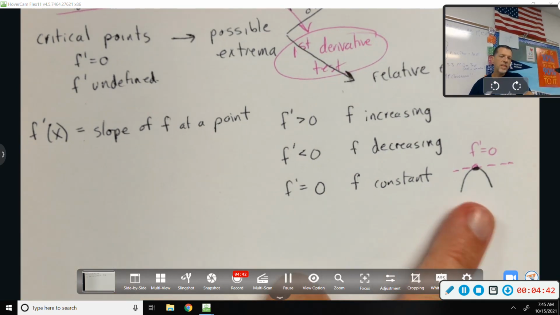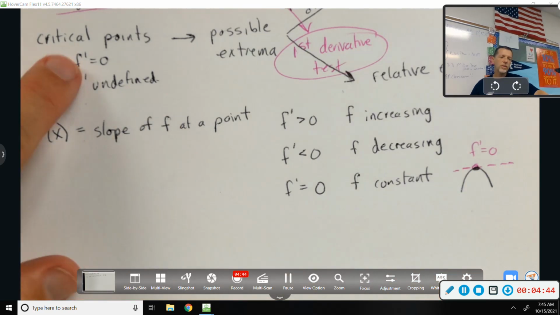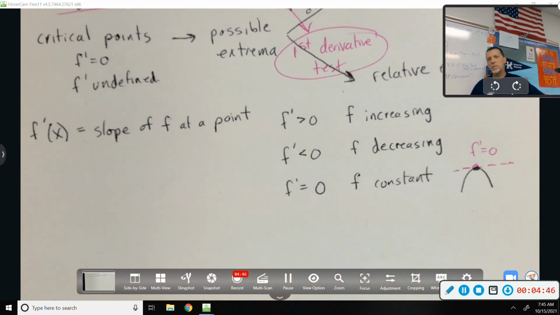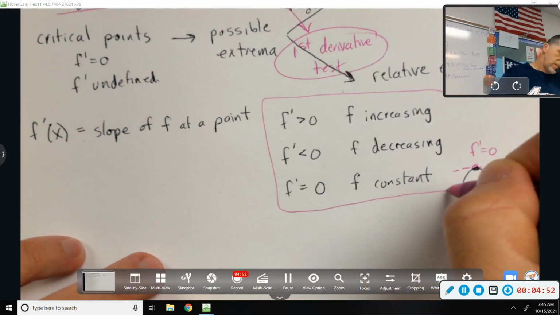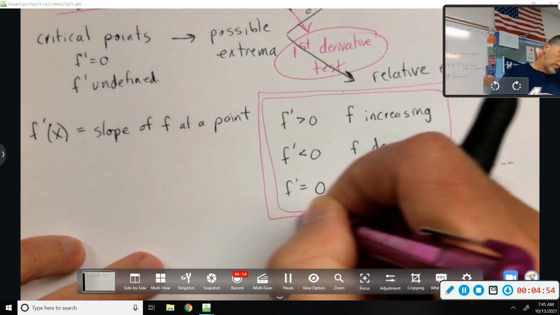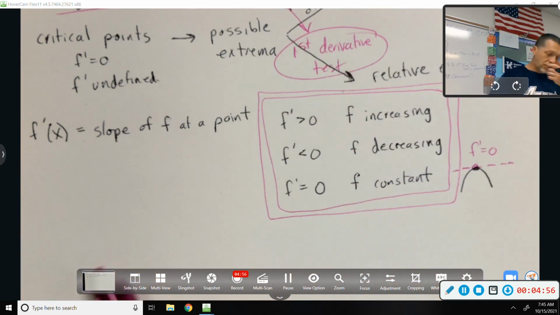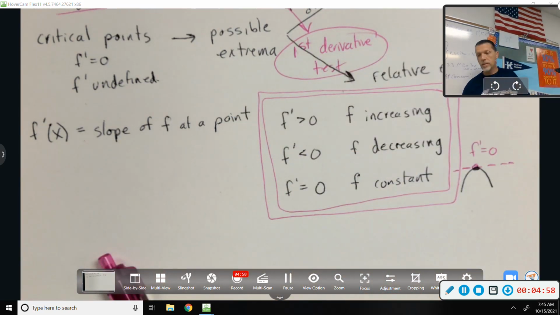But that's sort of the key. That's where we find our critical points, because it might be a max or a min there. All right, this idea is huge. If you remember that, that's going to take you through the first derivative test, as well as quite a bit of stuff in calculus. f prime positive means f is increasing. f prime negative means f is decreasing.